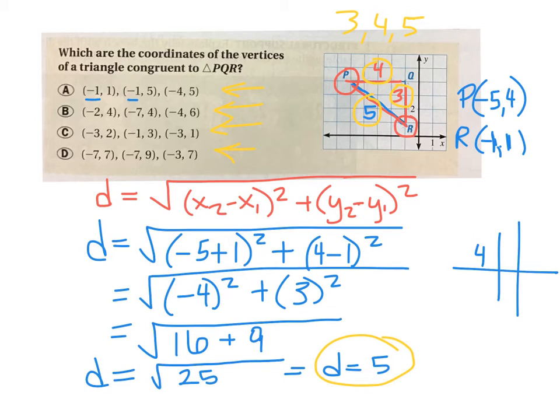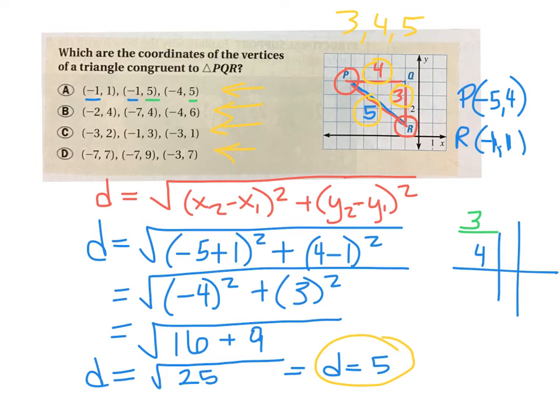Now we can see that the 5 and 5 are the same, so that's the line going this way, up here at the 5. How many spaces between -1 and -4? 3 spaces, right? To get from -1 to -4, we go 3 spaces.